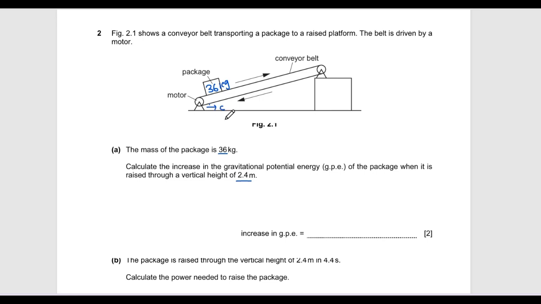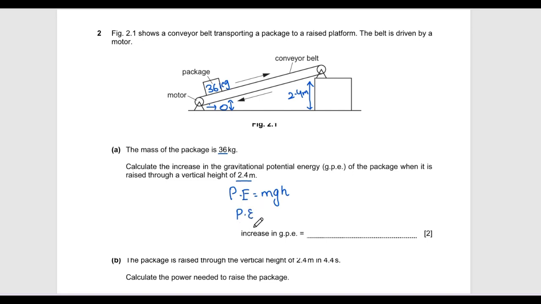So at ground it has height 0, and then when it reaches the height 2.4 meter, what is the increase in its potential energy or change in its potential energy? We know that potential energy is equal to mgh. M is mass, g is gravitational acceleration, and h is height.